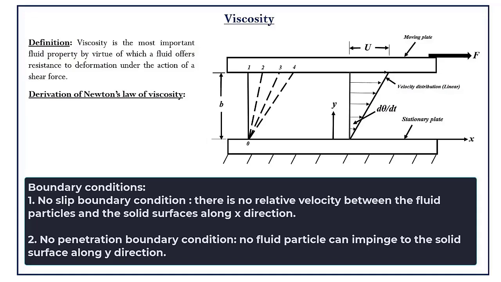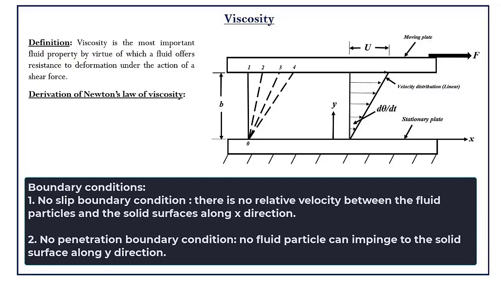So the maximum deformation of the fluid particles takes place at y is equal to b, as the fluid particles will move with the same velocity as that of the upper plate, because we applied the two boundary conditions earlier.